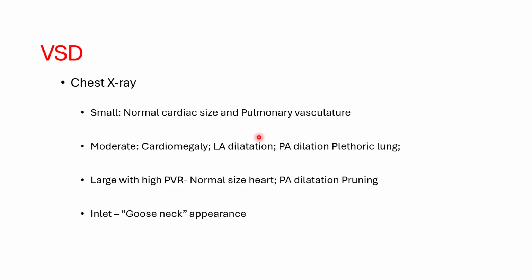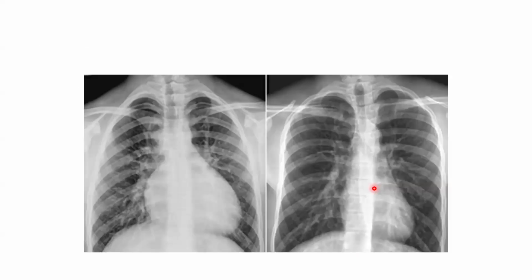The chest X-ray is also dependent on the shunt. You may have a normal cardiac size with normal pulmonary vasculature, but then you can soon move to cardiomegaly, left atrial dilatation, plethoric lung fields, and then if you begin to see signs of heart failure, the heart returns to a normal size. The pulmonary arteries are dilated with pruning.